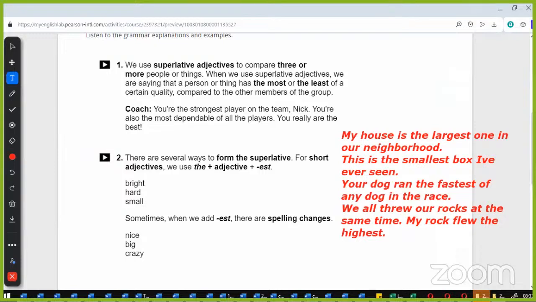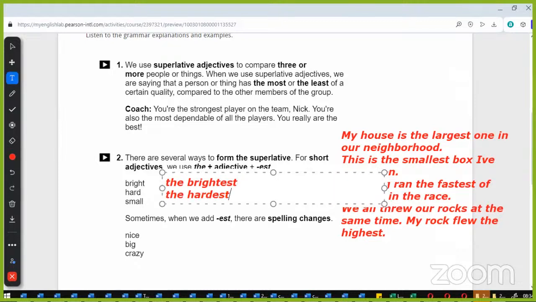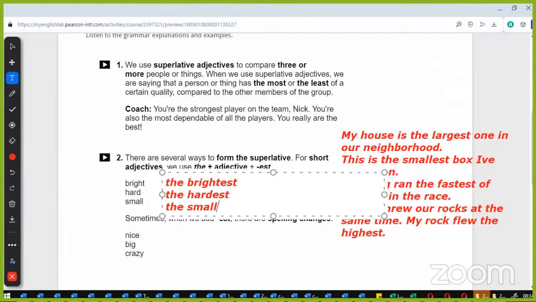Okay, so here it would be like the brightest, the hardest, or the smallest.